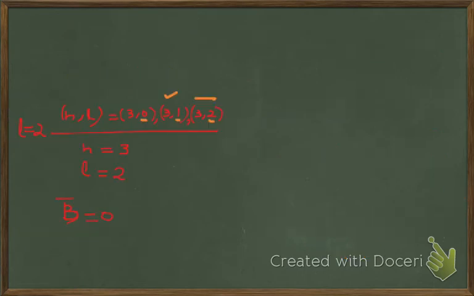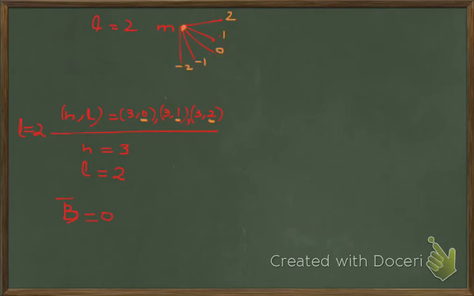So here, L equal to 2, we can have 5 values of M: plus 2, 1, 0, minus 1 and minus 2.